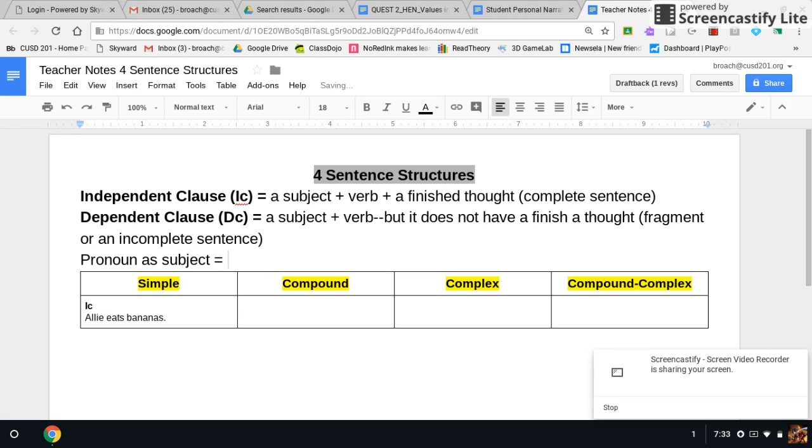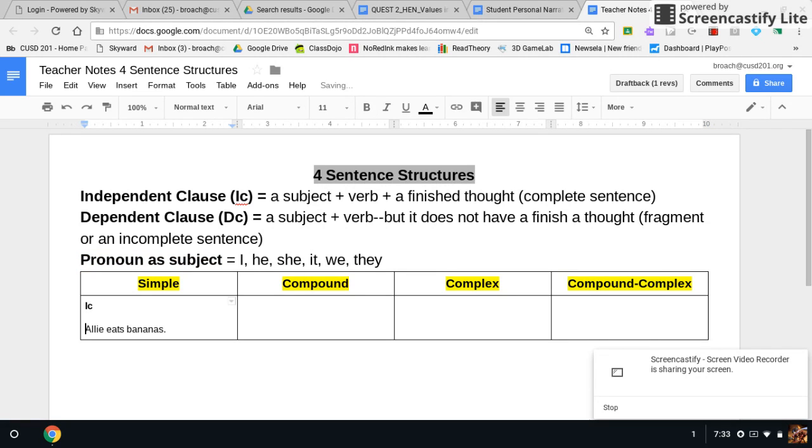So these can be words like I, he, she, it, we, and they. Okay, so all of those, if you see them, could serve as a subject to a sentence. Just keep that in mind. Okay, so Allie eats bananas. There's our simple sentence. It's following the IC period pattern, independent clause.